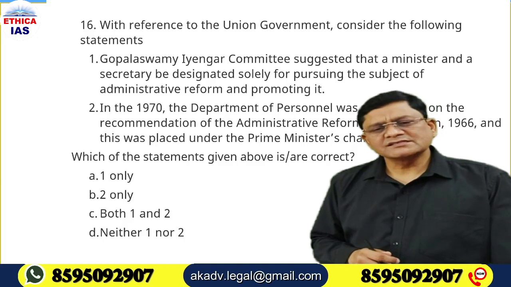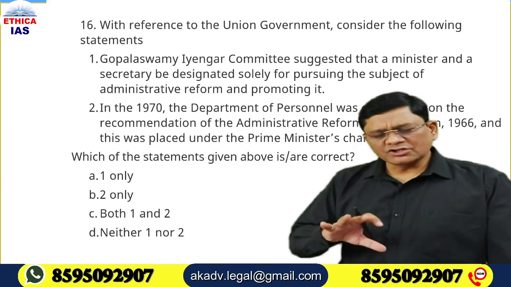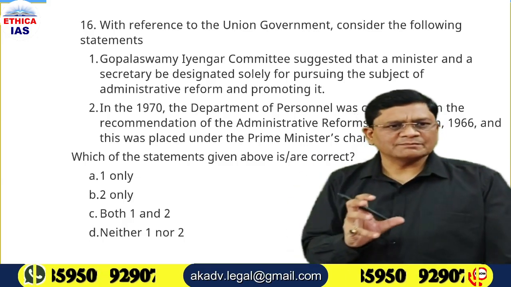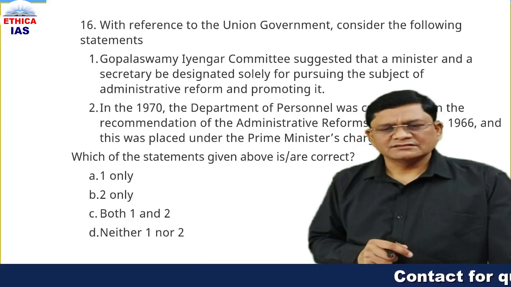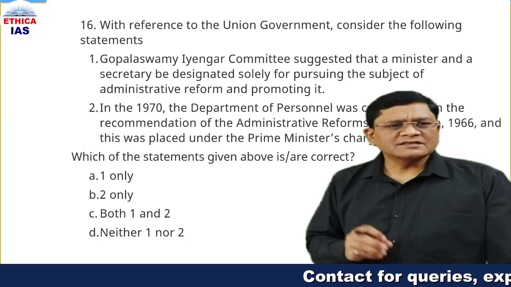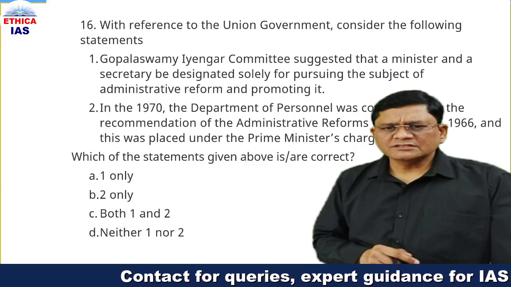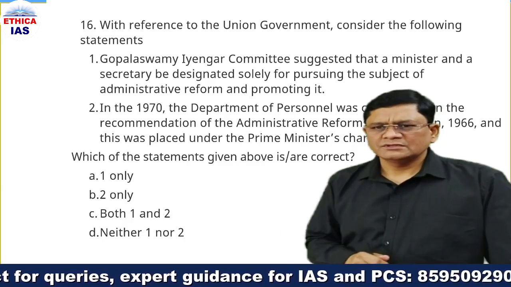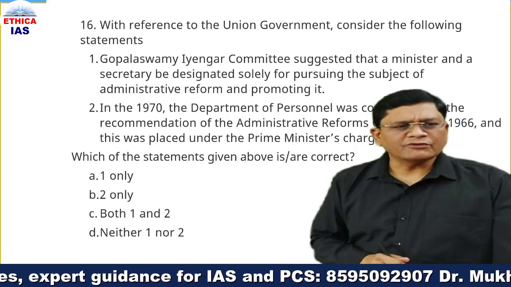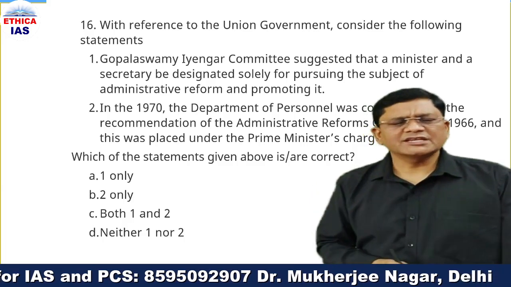After independence, a committee was set up under his chairmanship for the reorganization of the administrative system, and in 1949 the committee made some recommendations. But the recommendations were not related to such administrative reform. They were related only to reorganization of departments, that is the portfolio system.